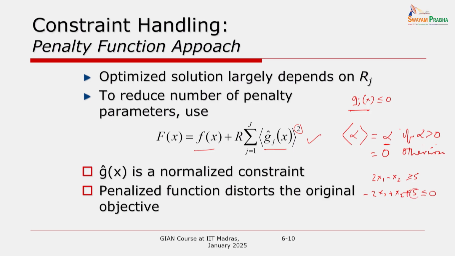Now with the right-hand side, I'm going to divide, and this is what I'm going to call g1 hat. I normalize it with the right-hand side.